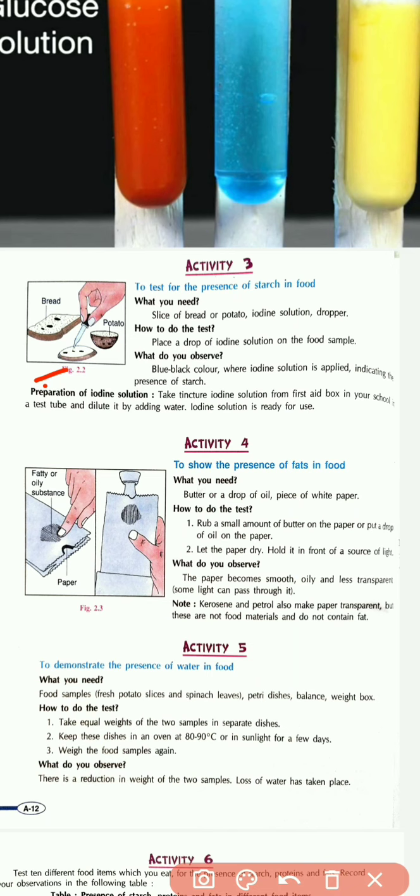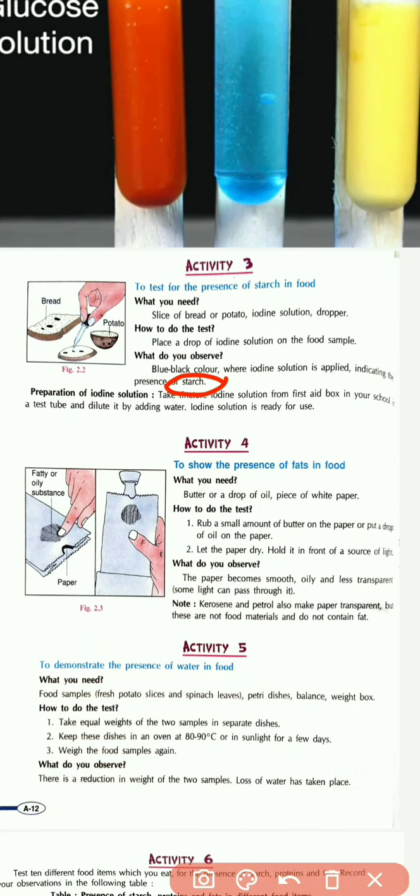After that, you will observe a blue-black color where iodine solution is applied, indicating the presence of starch. So when you apply the iodine solution, you will be able to see a blue-black color change, and that blue-black color indicates the presence of starch.